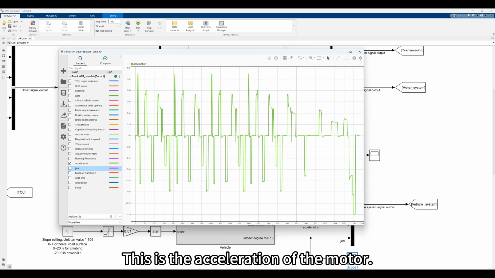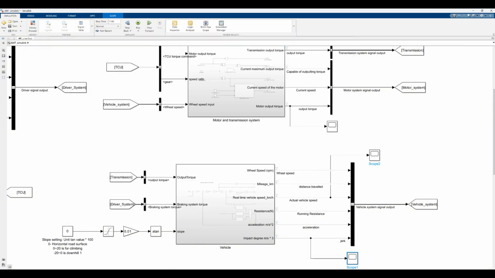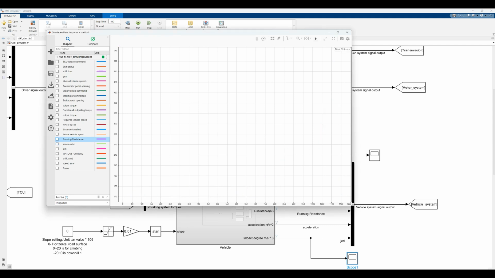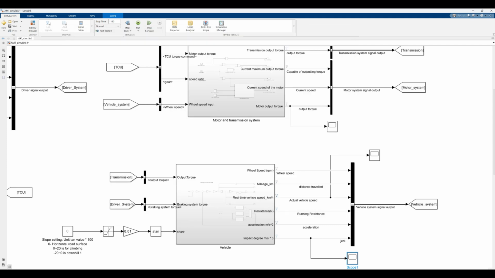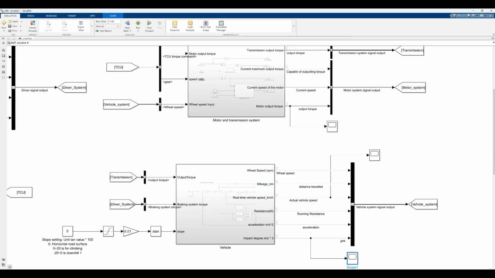This is the acceleration of the motor. The driving of the car. This is the stroke.